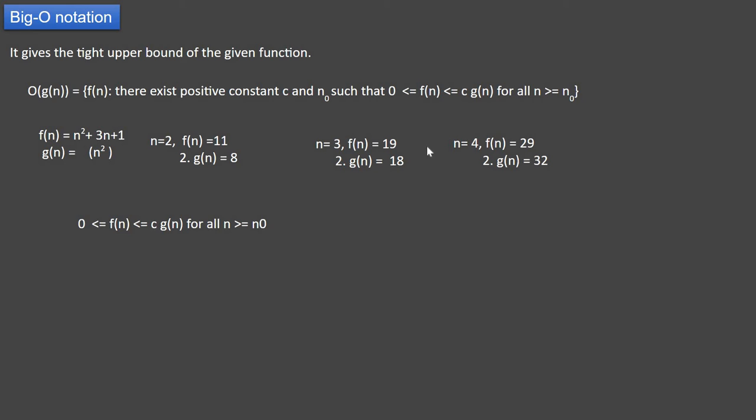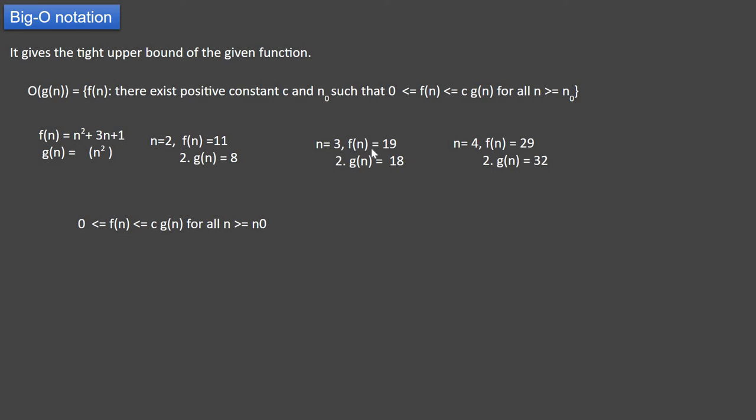If n naught is 3, the greater value is 4, right? For these values, the value of gn is greater than fn. So this is what I was defining here. There is a constant, there is n naught, and gn will be greater or equal.